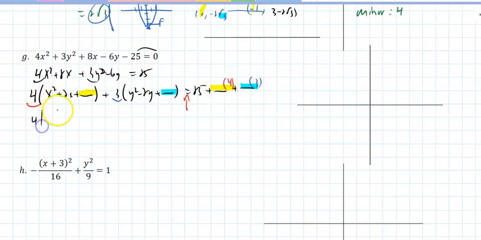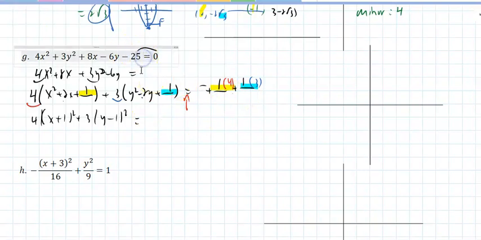This will be 4 into, and take half of the middle number, which is 1, and square it. So this will be 4 into x plus 1 squared plus 3 into y minus 1 squared equals 25 plus 9. What is that? 25 plus 7, 32. I'm changing that problem right there.